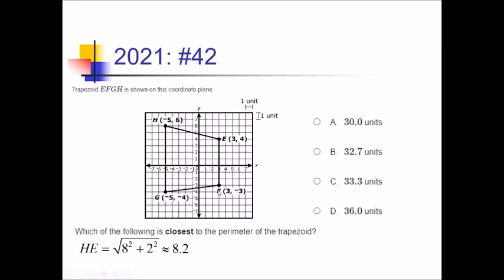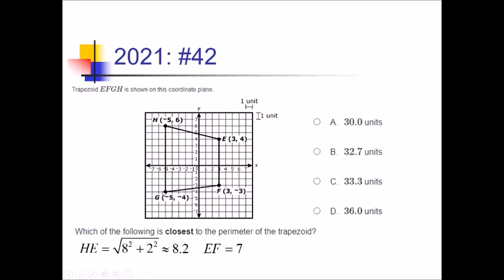So EF is pretty easy to see. That's a vertical line, so we can just count the grid lines for that. So that's 3, 4, 5, 6, 7. And now for GF or FG, doesn't really matter, I'm going to use my little Pythagorean theorem trick that I used for HE.